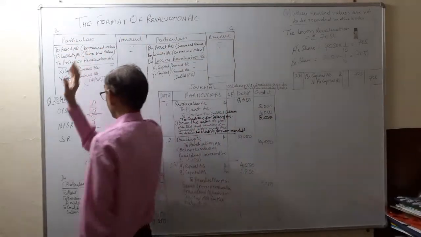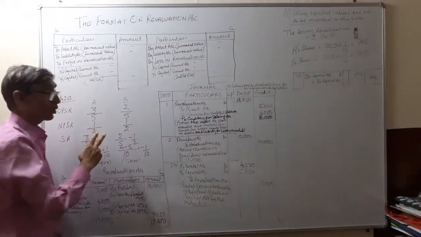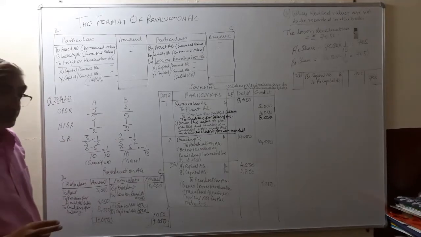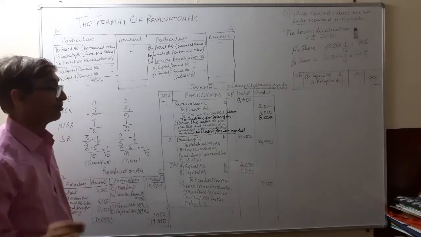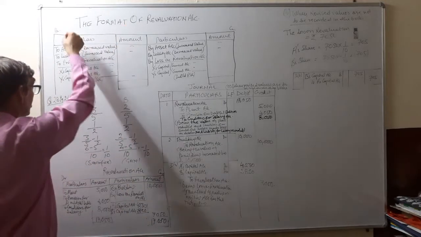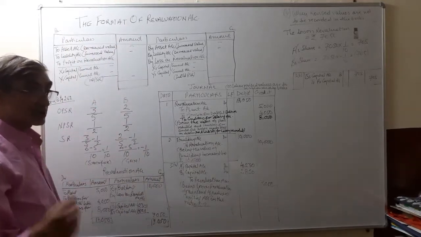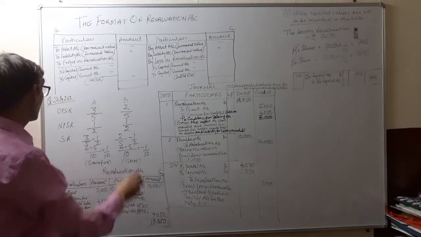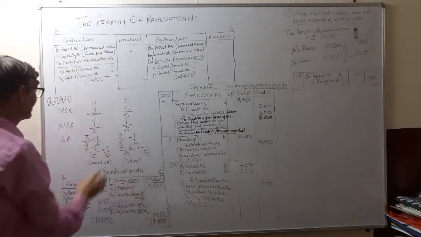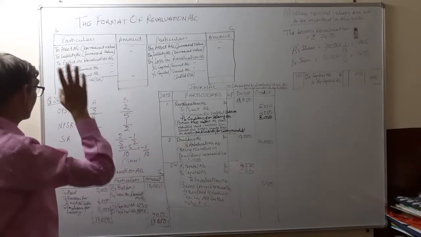On the debit side, as it is a nominal account, all those things which will result into a loss to the partnership firm will be debited to revaluation account, and those things which result into a loss to the partnership firm are decline in the value of assets and increase in the value of liability.